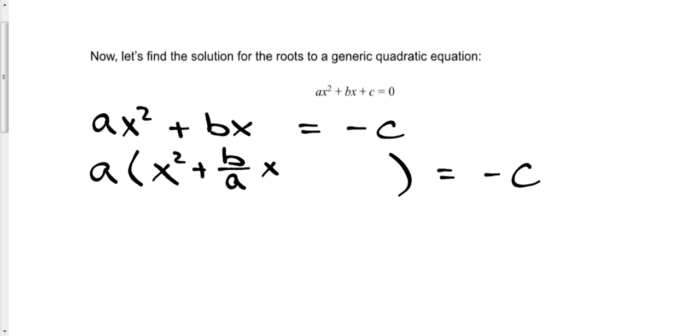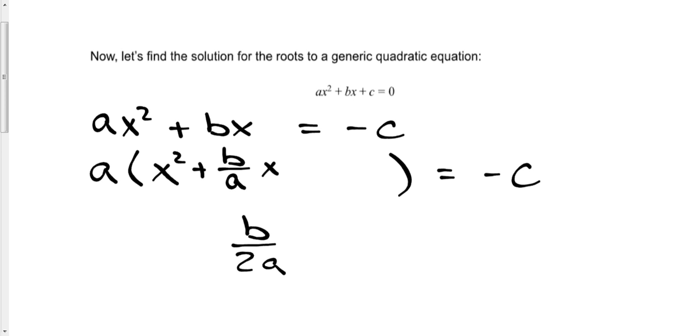This is the complete the square part. What's half of b over a? Very good, b over 2a. That's half of the middle term coefficient.